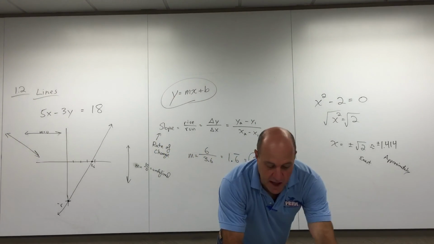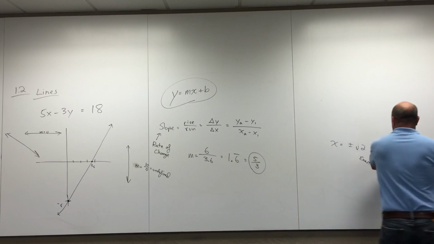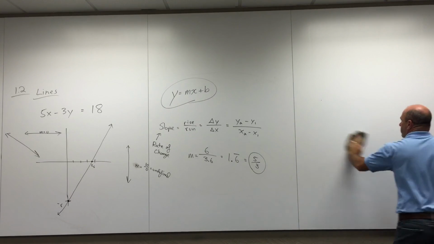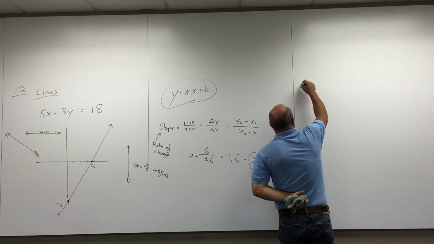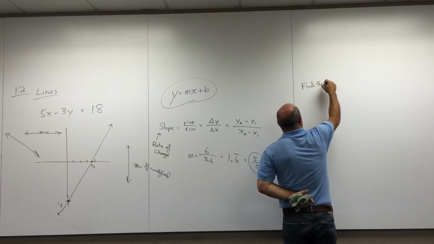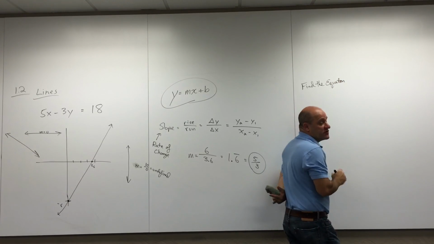Still on the subject of lines, one step up would be this question when we say find the equation of the line. So this is what I like to call a backwards question.